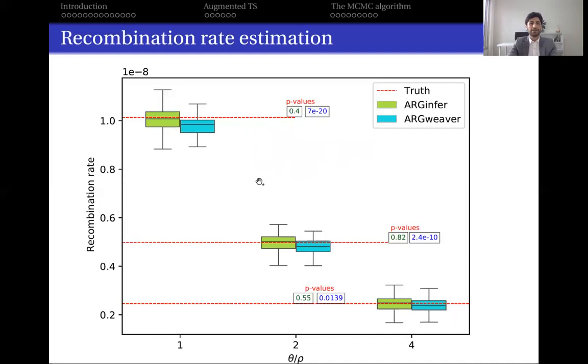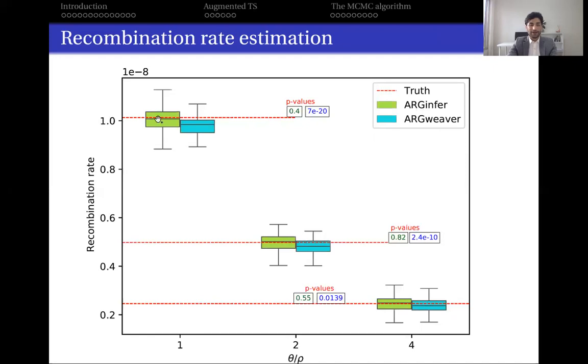This is the recombination rate estimation for ratios 1, 2, and 4, here for all 150 datasets. For ratio 1, the red is the truth, green is ARGinfer, and bluish is ARGweaver.